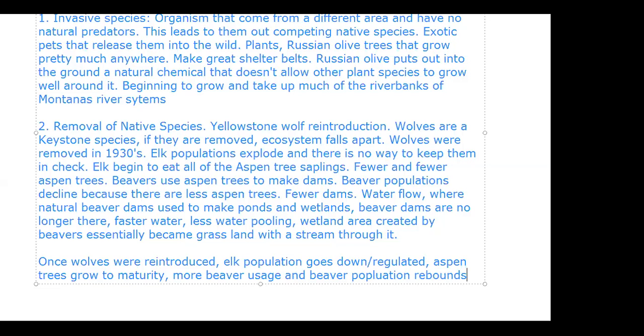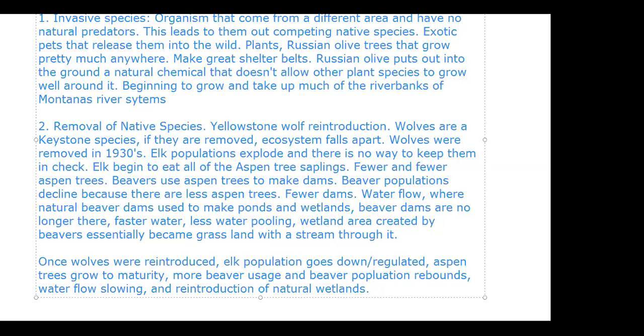Okay, so we're going to get more beavers coming back in, and the more beavers we have come back in, the more dams that will get produced, which will result in water flow slowing and reintroduction of natural wetlands. Okay, and wetlands, again, we've talked about this before. Wetlands are really important because they filter out water and they provide more habitat than just grasslands do for a lot of different organisms.